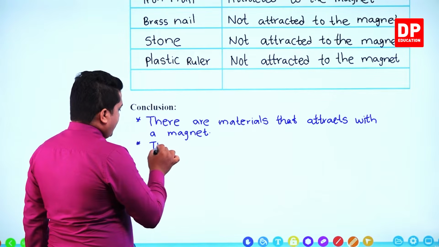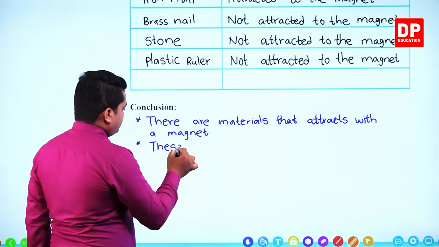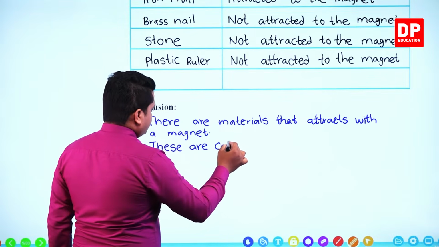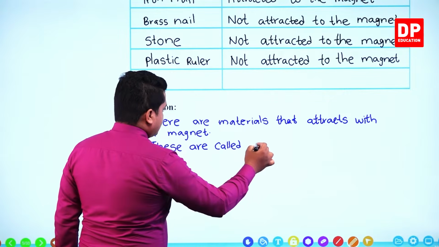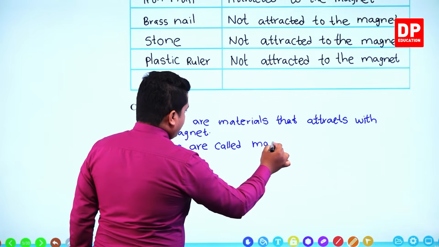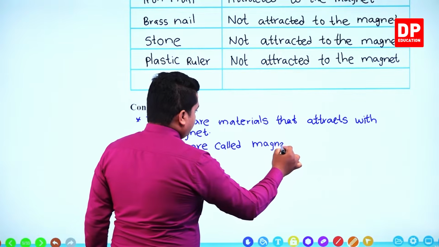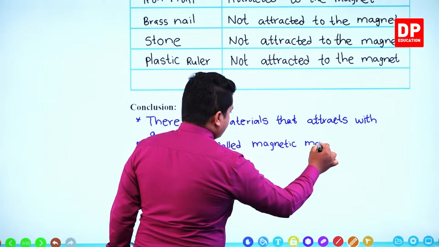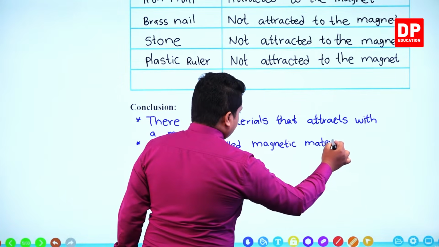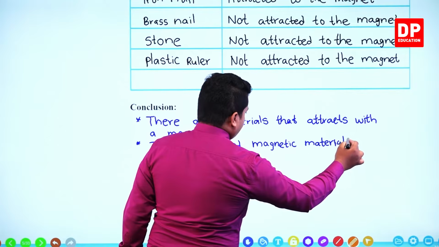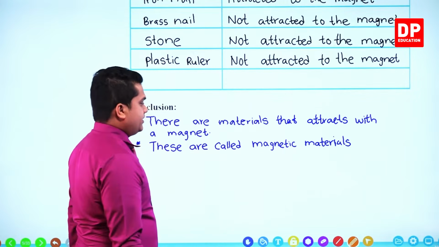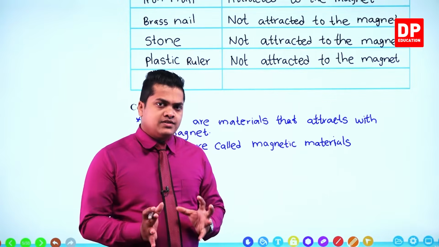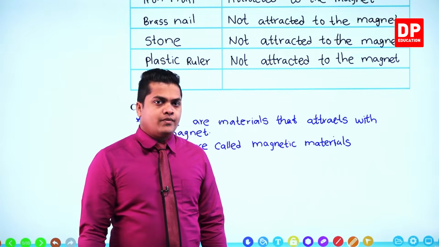So these are called magnetic materials. Why do magnetic materials get attracted to a magnet?